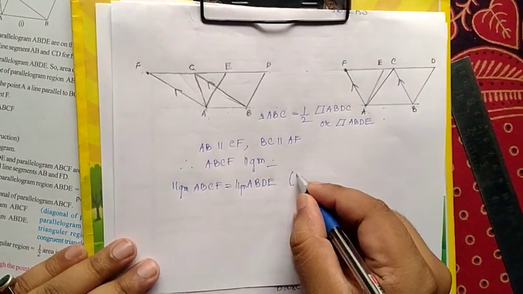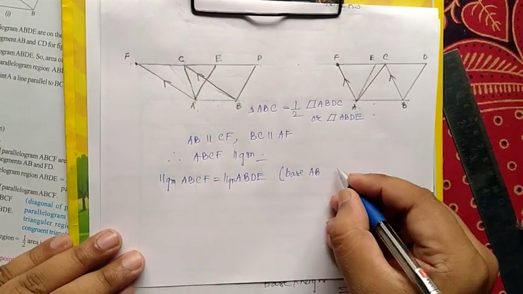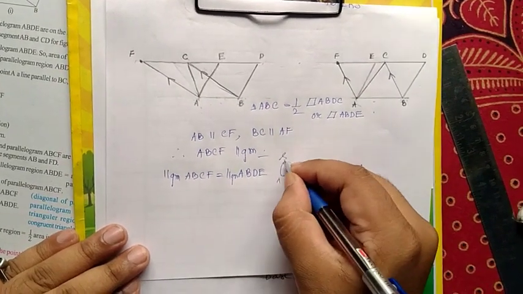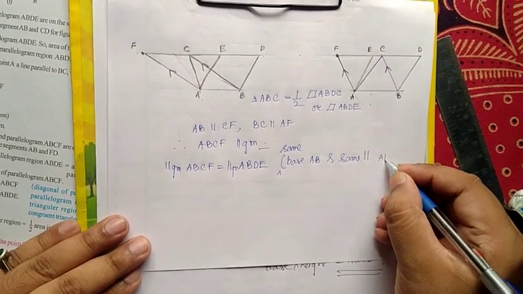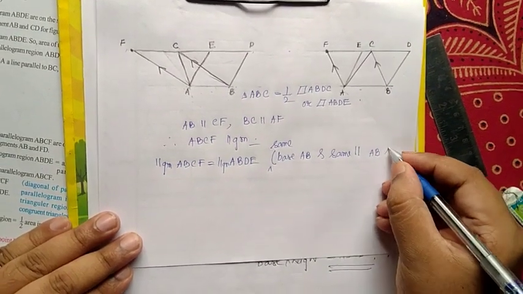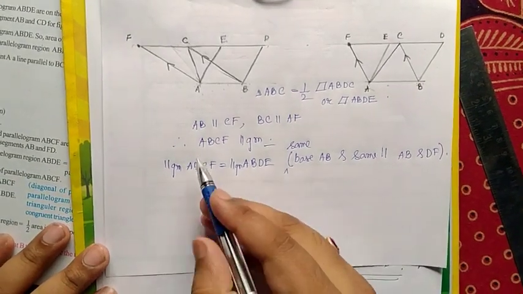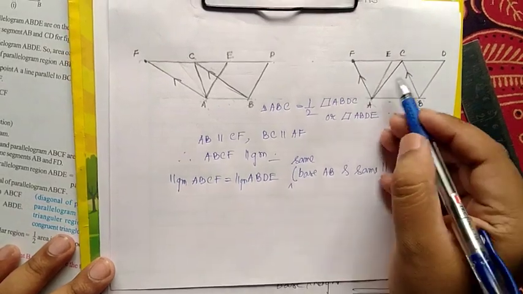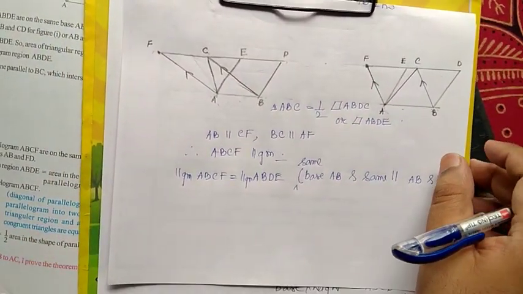They are on the same base AB and the same parallels AB and DF. So that's why we can say that parallelogram ABCF is equal to parallelogram ABDE, in both of these diagrams.